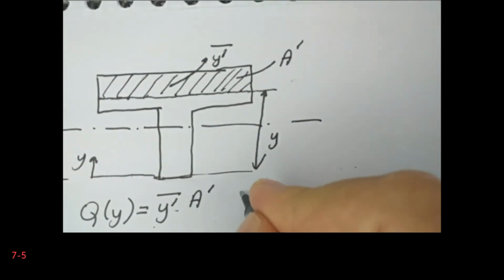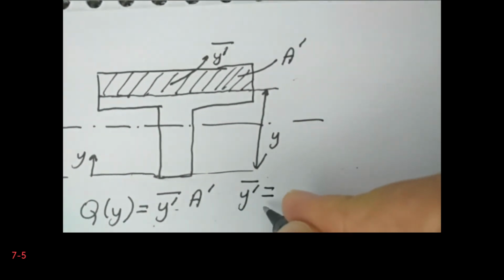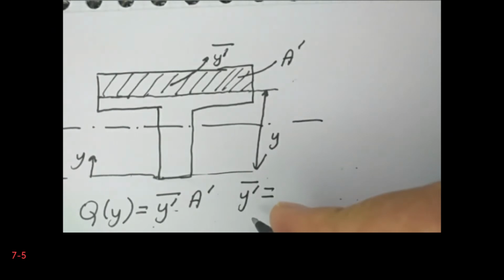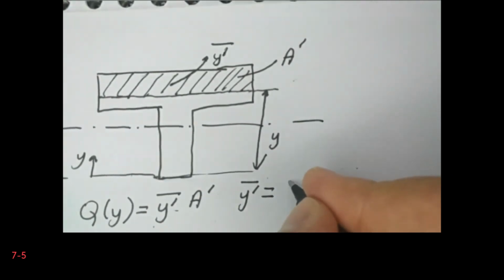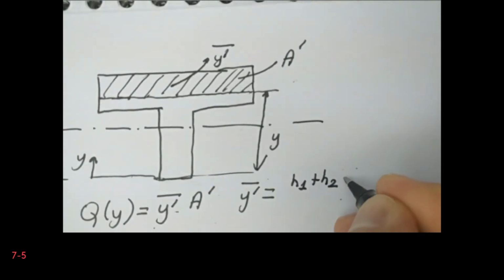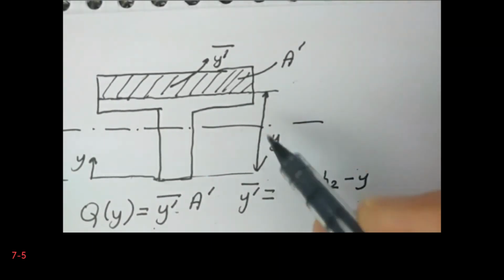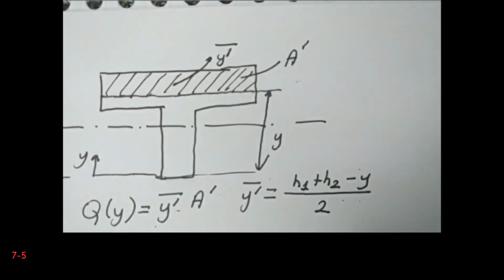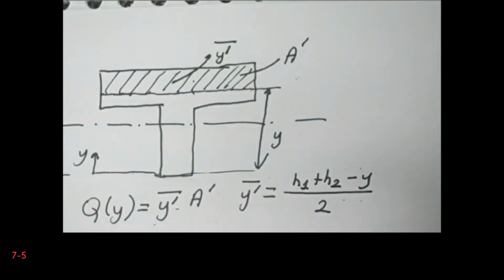Y prime bar is equal to (h1 plus h2 minus y) divided by 2, it's half of it, plus y.